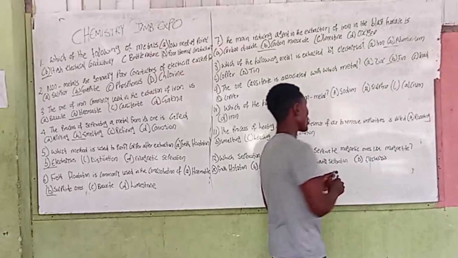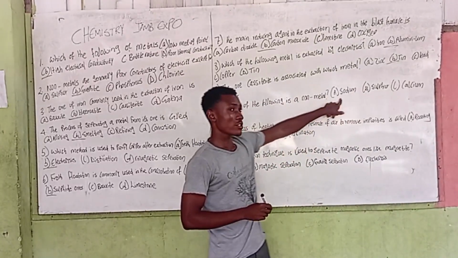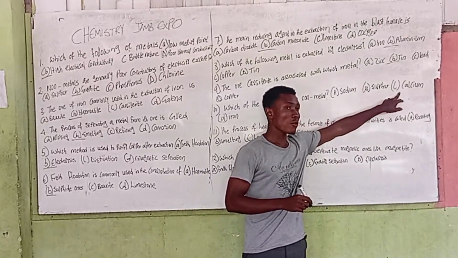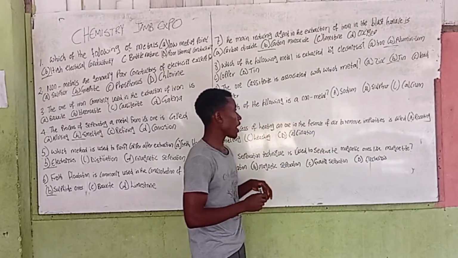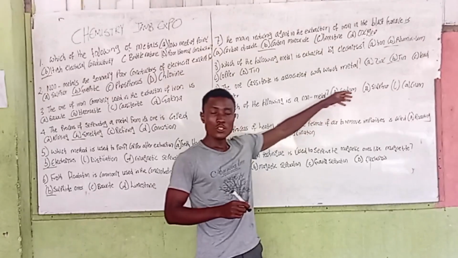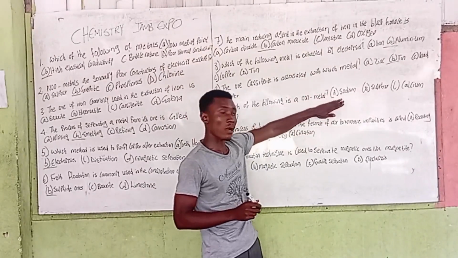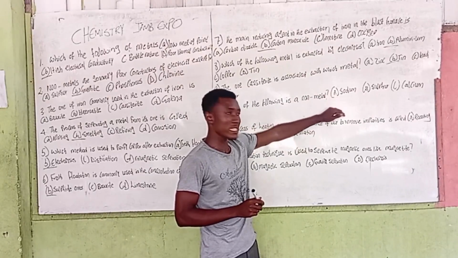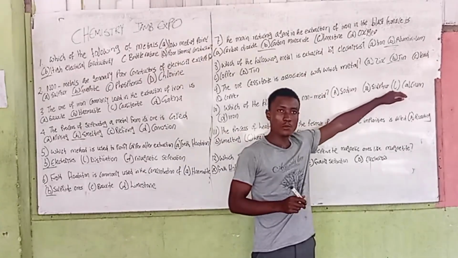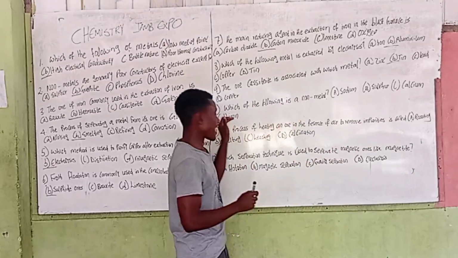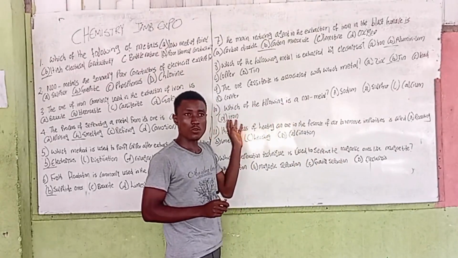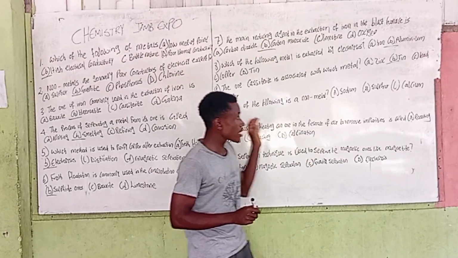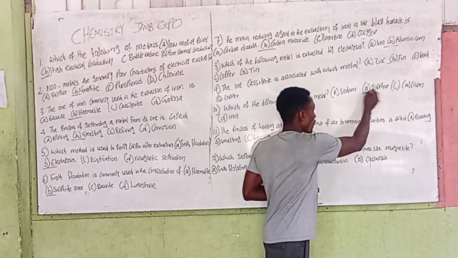Question number 10. Which of the following is a non-metal? A. Sodium, B. Sulfur, C. Calcium, and D. Iron. Sodium is a metal. How do you know? Sodium is electropositive. Calcium is electropositive. And iron is electropositive. So the answer there is sulfur.